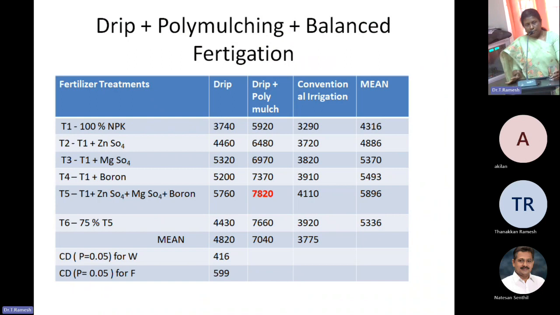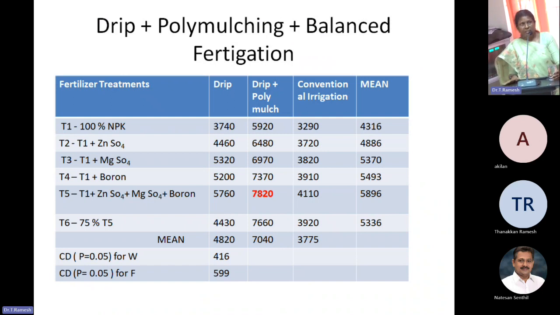I have given in the previous slide, 70 quintal is possible with cotton plus drip plus poly mulching. So with the drip plus poly mulching with the balanced fertigation, it is possible to grow up to 78 quintal. We got that in our experiment itself. One quintal of cotton is 6,000, I think, plus based on the staple length.